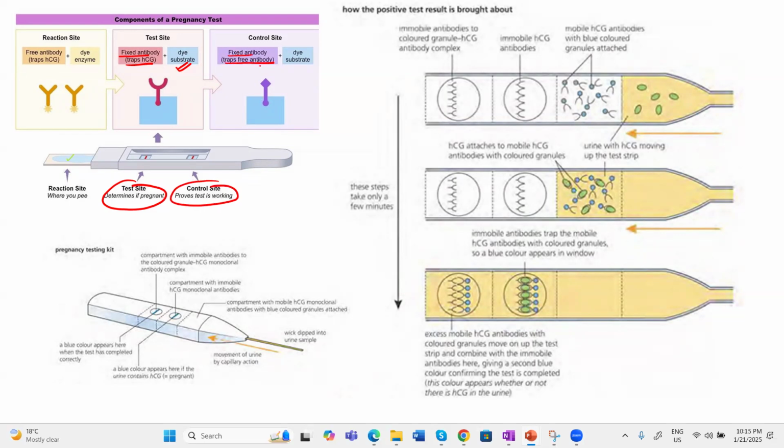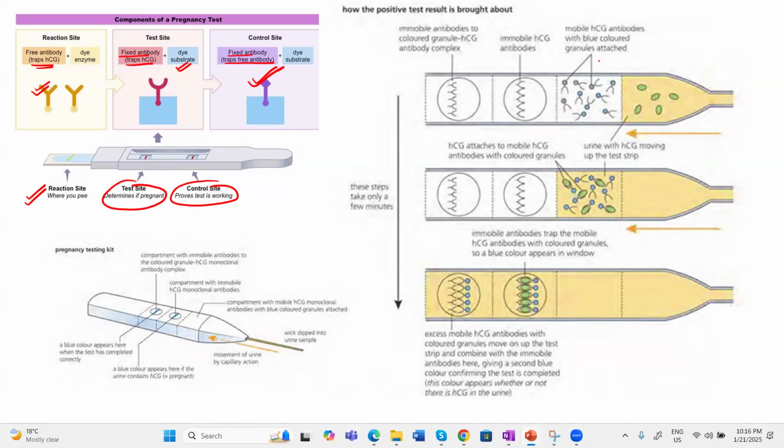Now, where are free antibodies present? They are present on the reaction site where urine will also be loaded. So here free antibodies are present and their work is to trap the HCG if present. And this control site's work is to trap those antibodies which have not trapped the HCG.